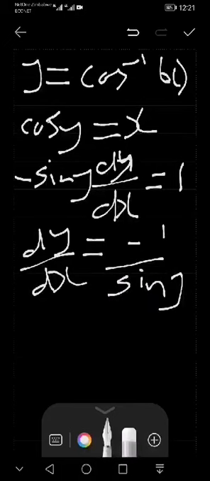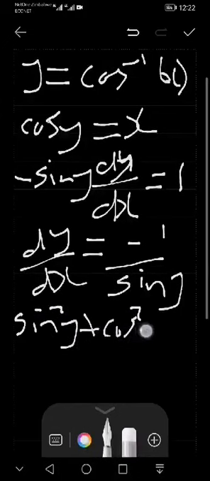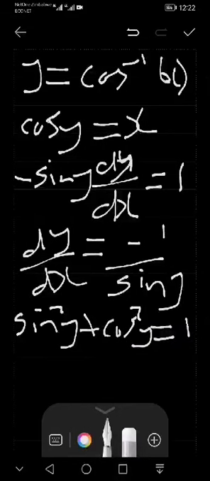Then after that, let me just write down this mother identity: sine squared y plus cos squared y always equals 1. I hope by now you know this by heart. Okay, so now since I have a sine, I want to make sine squared y the subject of the formula.